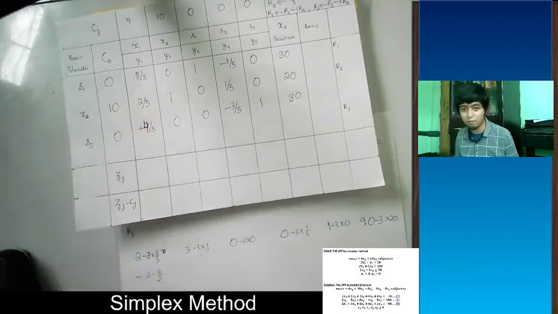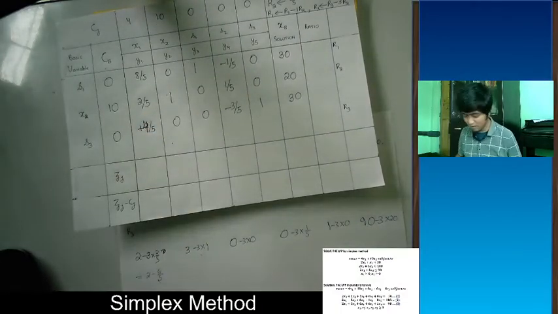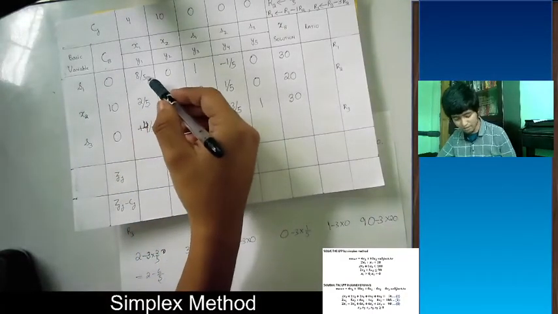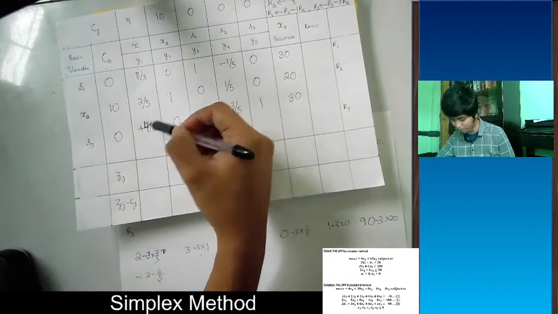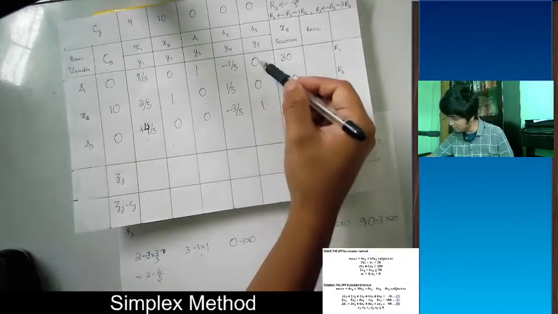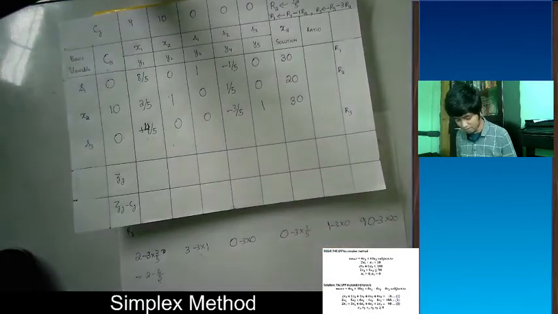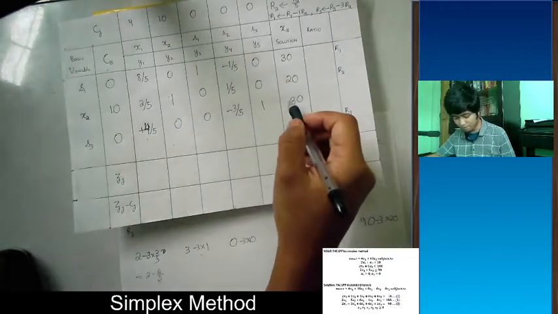Over here it should be 4. So sorry, I made a mistake. Just let me compare the answers with what they've written in the book. Okay, just in case. 8 by 5, 2 by 5, 4 by 5. Okay, it is all right. So now I think we can proceed further.